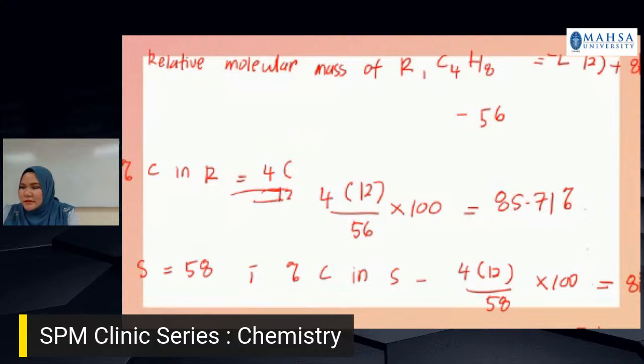So according to this information, you can see your R percentage for carbon would be 85.71, while the percentage carbon for S would be 82.76. Therefore R will give you more flame compared to S according to this percentage.